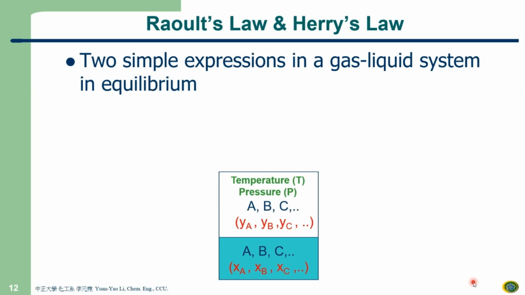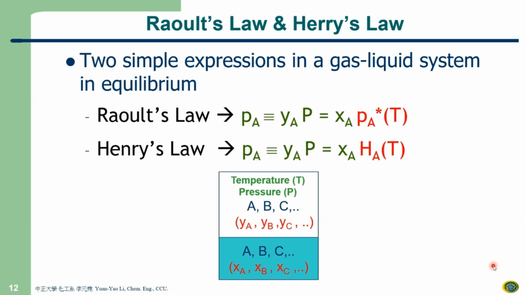The two simple expressions in a gas liquid system in equilibrium are: Raoult's law, which we already learned, pi equal to Xi Pi star, and Henry's law, pi equal to Xi times Hi, a function of T.